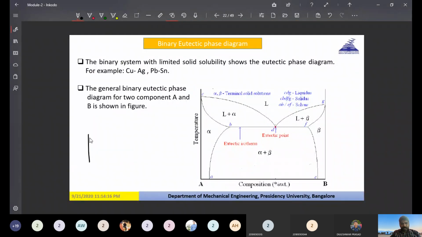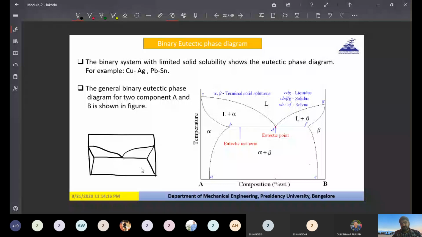If somebody asks you to draw the eutectic diagram in general, you simply draw like this: temperature axis, like this is alpha, then this line is the eutectic isotherm, then this is beta, then the point where these two liquidus lines meet is known as the eutectic point. This is how you are supposed to draw when someone asks you to draw a eutectic diagram.